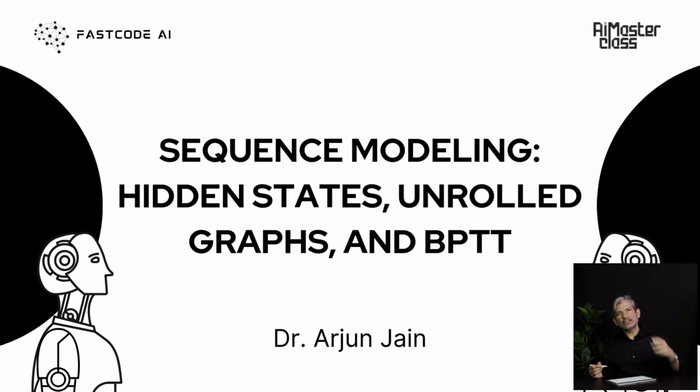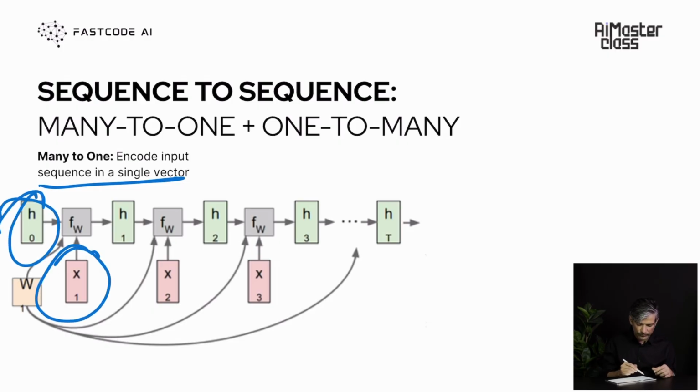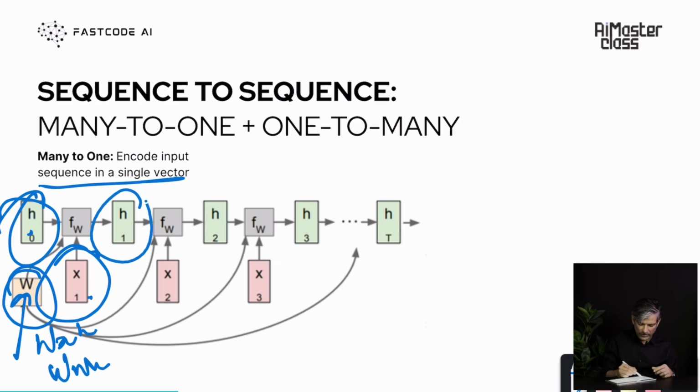Now, when you want to do sequence to sequence, which we will see a lot in our transformer models, we do this encoder decoder business. So you encode your input sequence into a single vector. You start with your x1, you feed it into your model, you have your h0. Based on your x0, this and the weights, so the weights, remember, here are 2, your Wxh and your Whh, you get your h1.